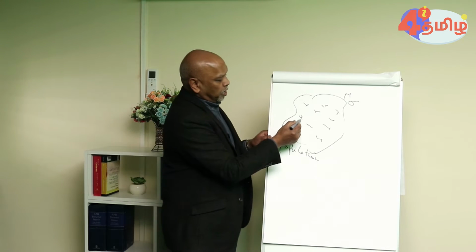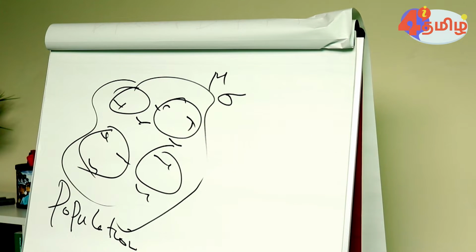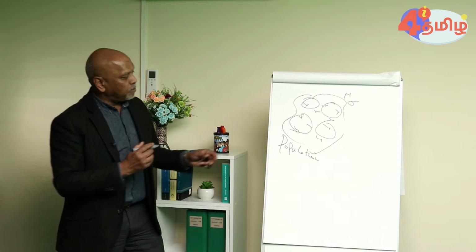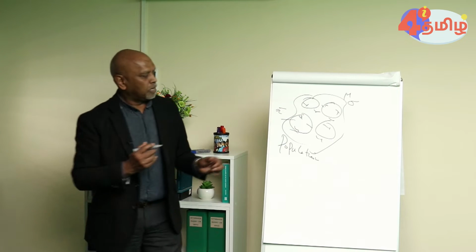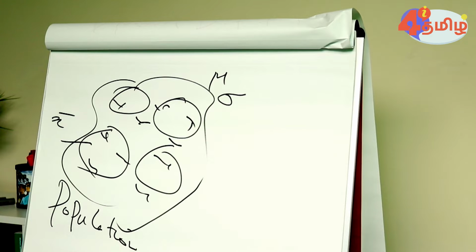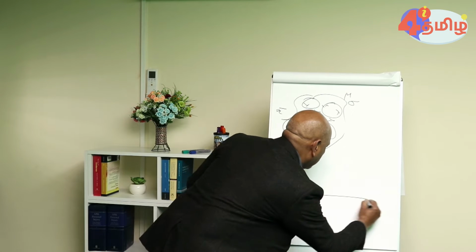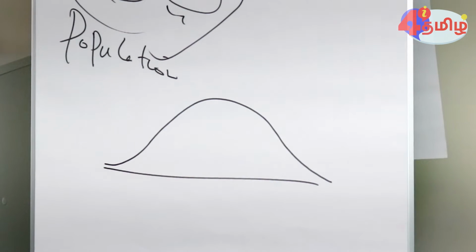So what we do is separate samples within the population. There are many samples. The more samples, the better the data, or the better the graph would be. So you take a sample and then find the mean of each sample. So x1 bar, x2 bar, x3 bar, and so on. Then you create a graph with those means. Then the graph will be a perfect graph. This is what the normal distribution is.